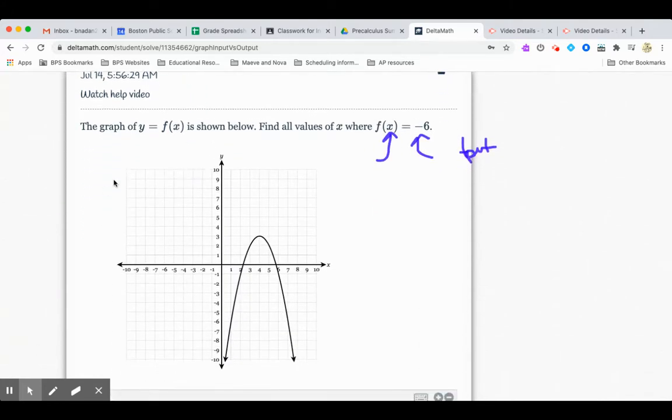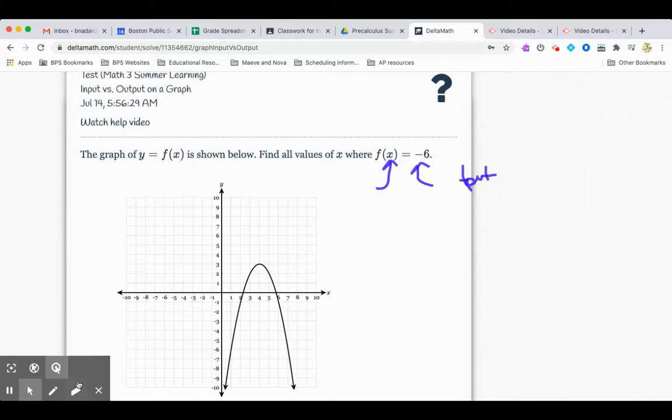All right, so here the question says, in the graph of y equals f of x, find all values where f of x is equal to -6. So again, they give you an output, and you need to find the input.